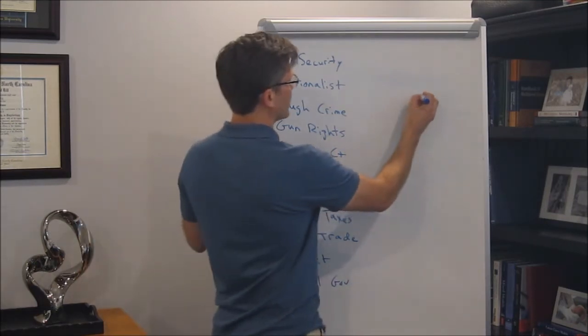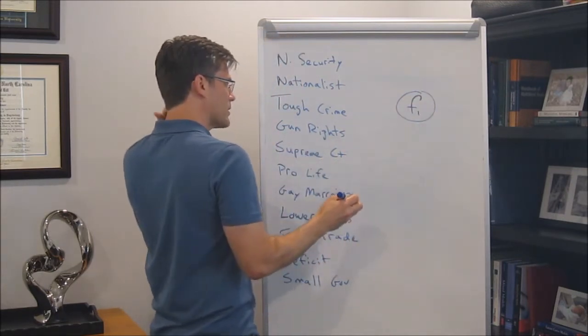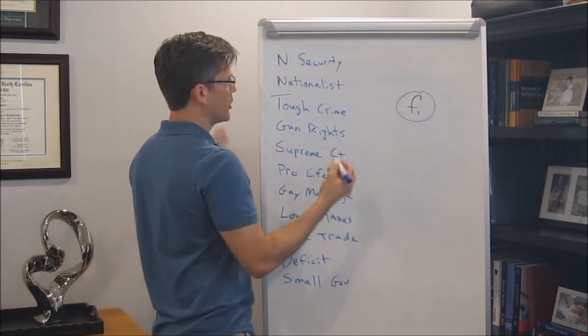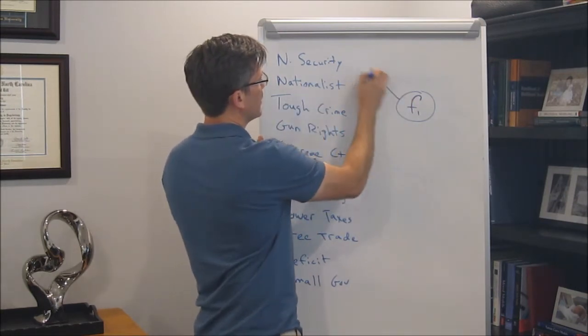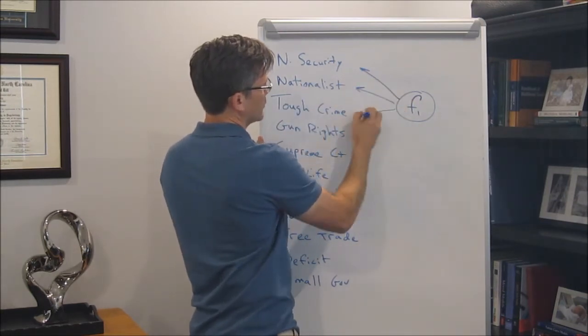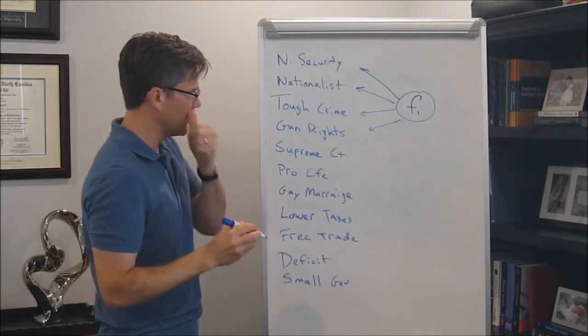Let's say we have factor 1, and factor 1 is going to represent a tough stance on crime, on guns, on America first, and on national security. And so this factor, which maybe we'll think of as a toughness factor, is going to load predominantly on those items.